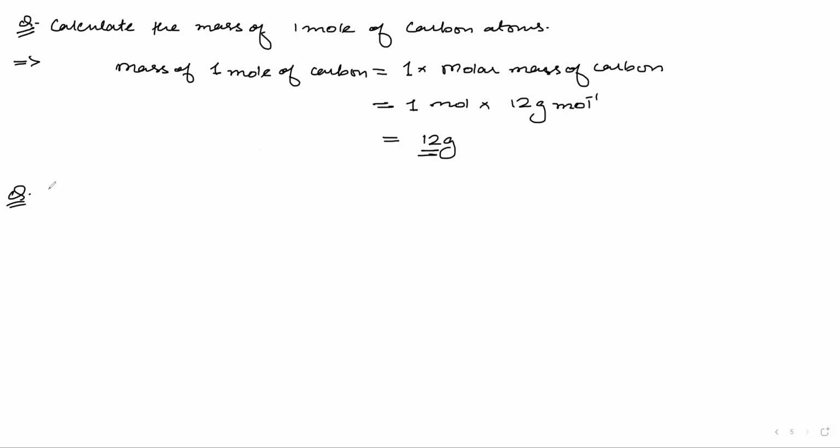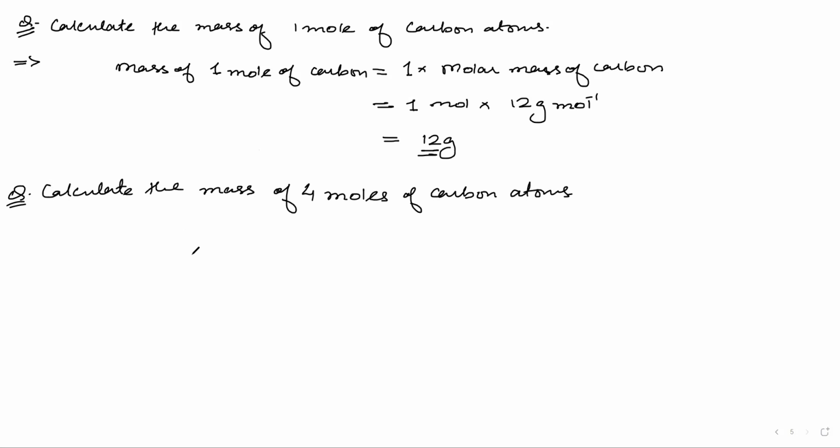Now, similarly, if I ask you to calculate the mass of 4 moles of carbon atoms, it will be 4 mole into 12 grams per mole. The mole and mole inverse cancel each other out, and you get 12 fours are 48 grams.